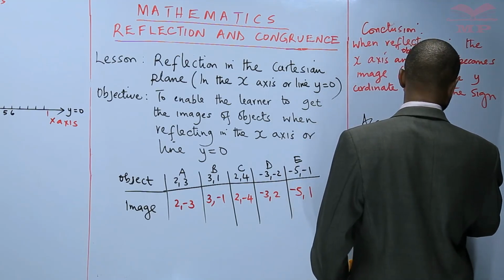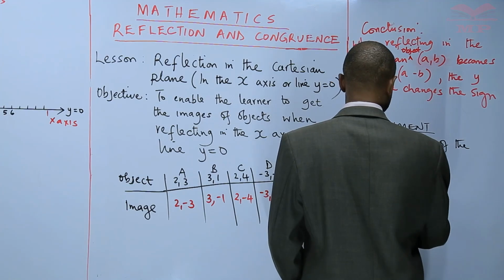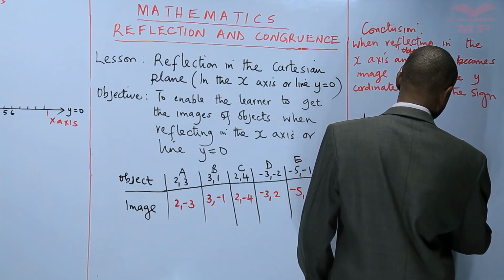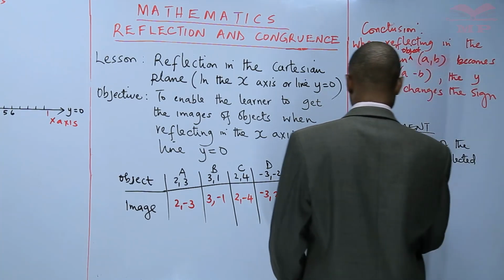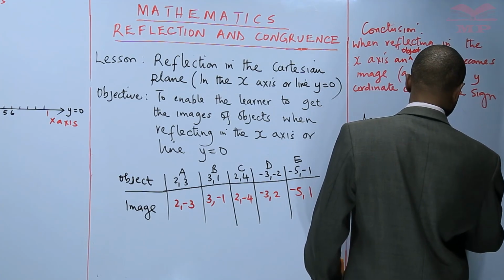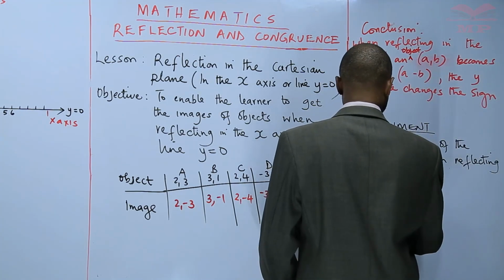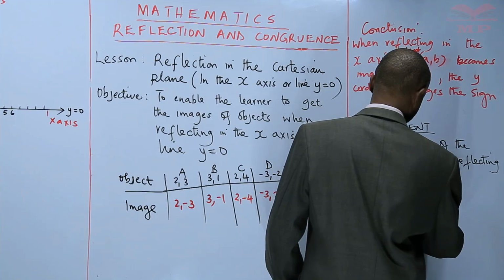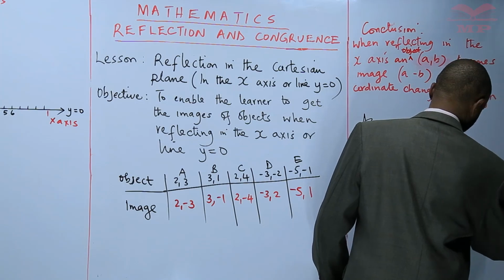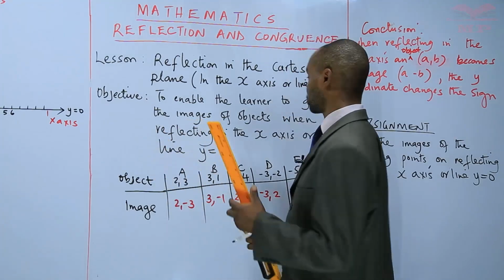Find the images of the following points on reflecting in the x-axis. In the x-axis or line y is equals to 0. Notice that x-axis is the same as line y is equals to 0.